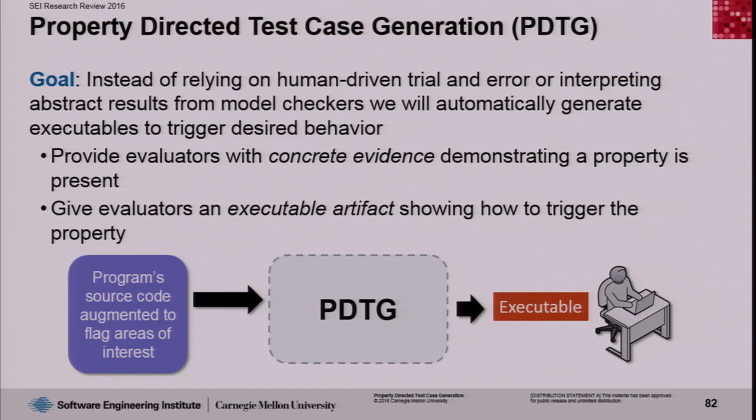Those annotations basically distinguish in the source code areas of interest. These can be parts of the code that you suspect to have a defect. They can be parts of the code that represent some interesting behavior that you want to test. Put that into the PDTG prototype tool that we've built, and out will pop an executable that will deterministically execute the code to trigger that property.